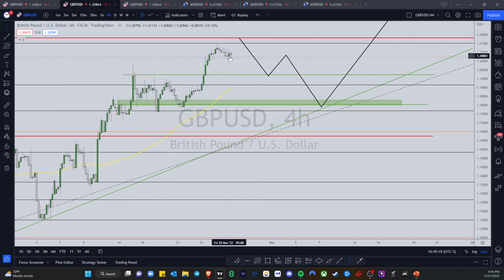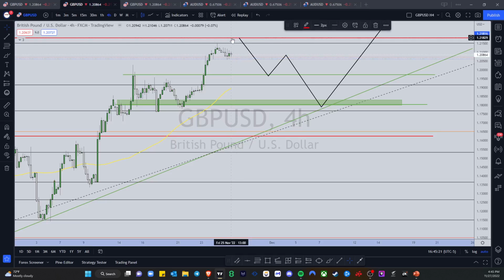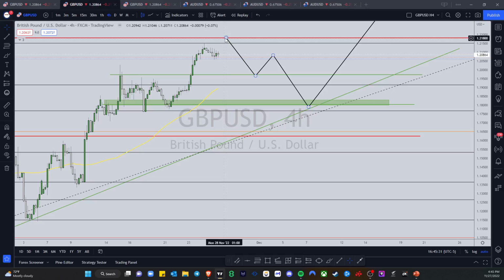We're just waiting for GU to go up to that resistance line and reject, then take our sell opportunity if it presents itself. If it does, we'll take our sell up there and TP down here.